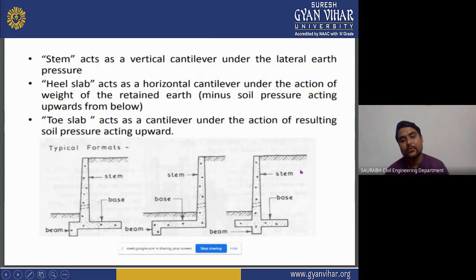What is the work of the toe slab here? It acts as a cantilever under the action of the resulting soil pressure acting upward. As you can see here, that is your toe slab, and this is a part of your cantilever wall.